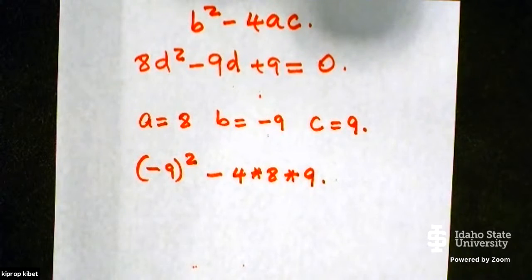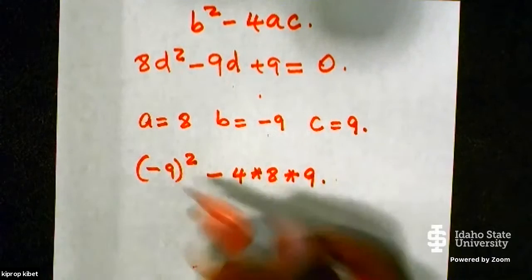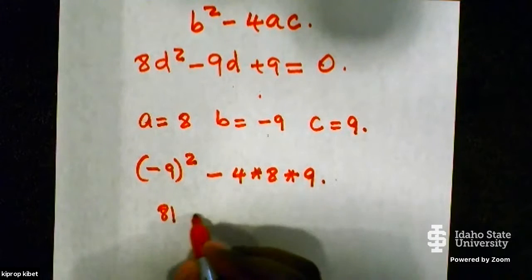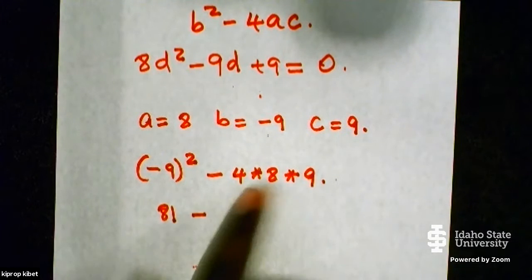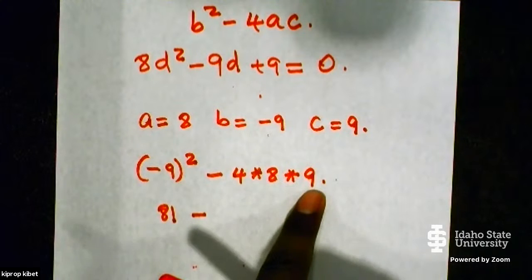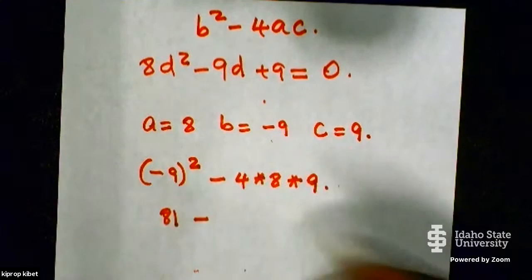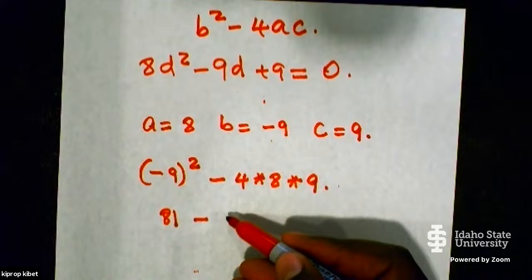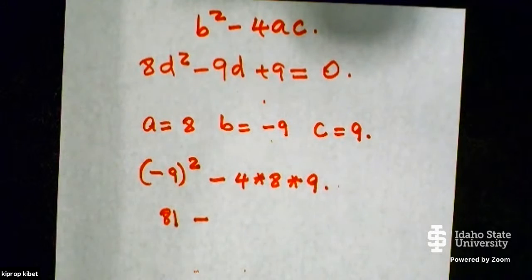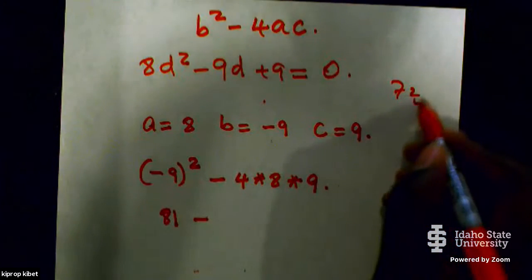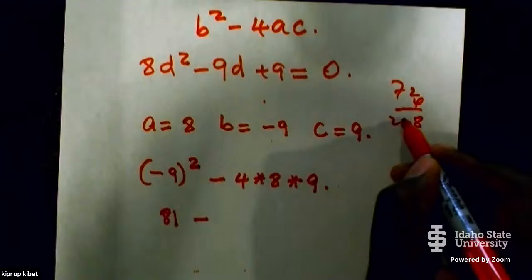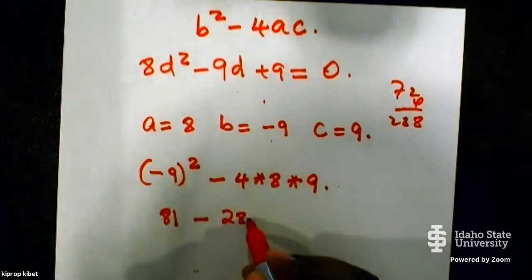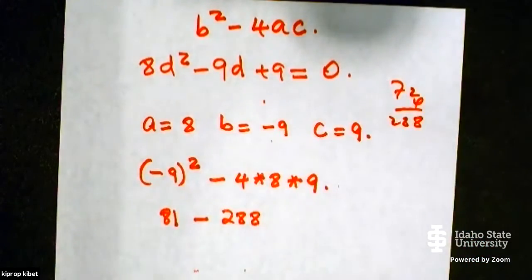So minus 9 squared is 81, minus 72 times 4. 72 times 4 is 288.